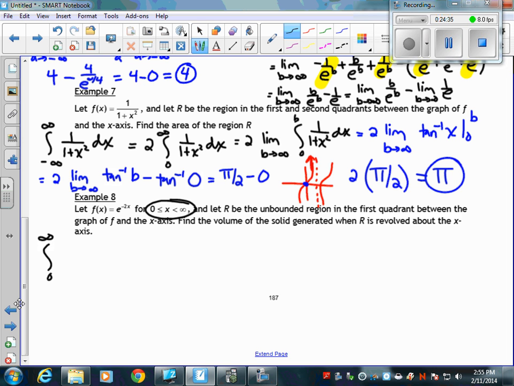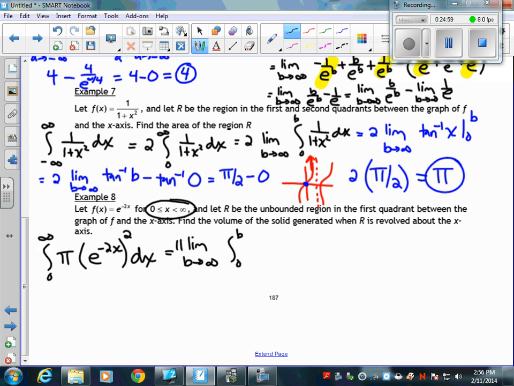So if I'm revolving that about the x-axis, that means I'm going to have pi times my radius, which is going to be this, times my thickness, which is going to be that. So my radius has to be squared. So I'm going to take a limit here, which is infinity, 0 to b.